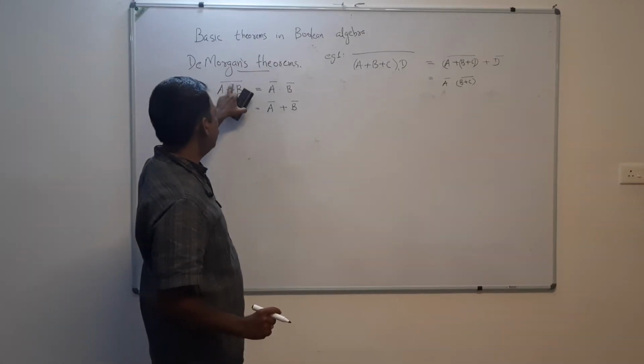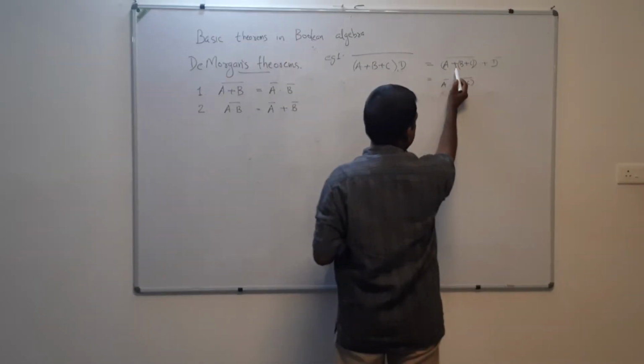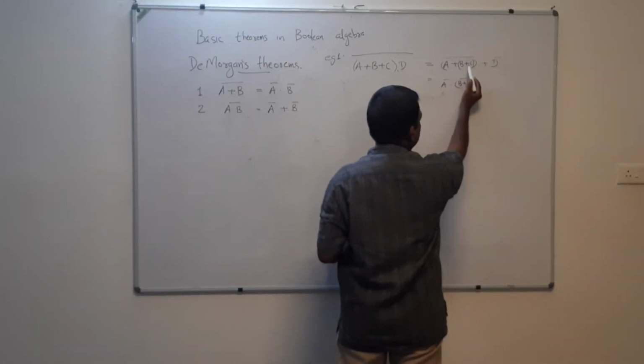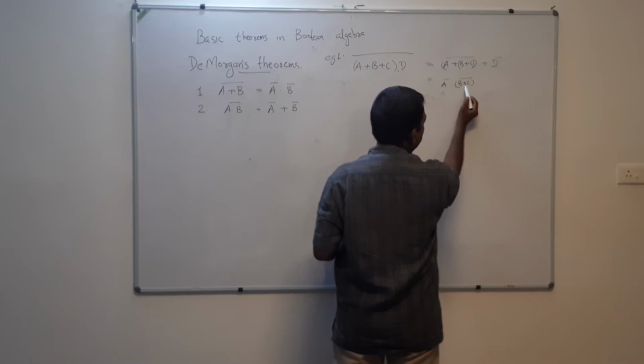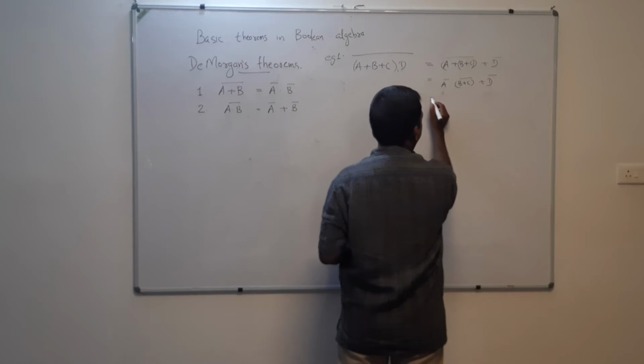A plus B the whole bar is equal to A bar dot B bar. Just like that, A plus B plus C the whole bar is equal to A bar dot B plus C the whole bar plus B bar.